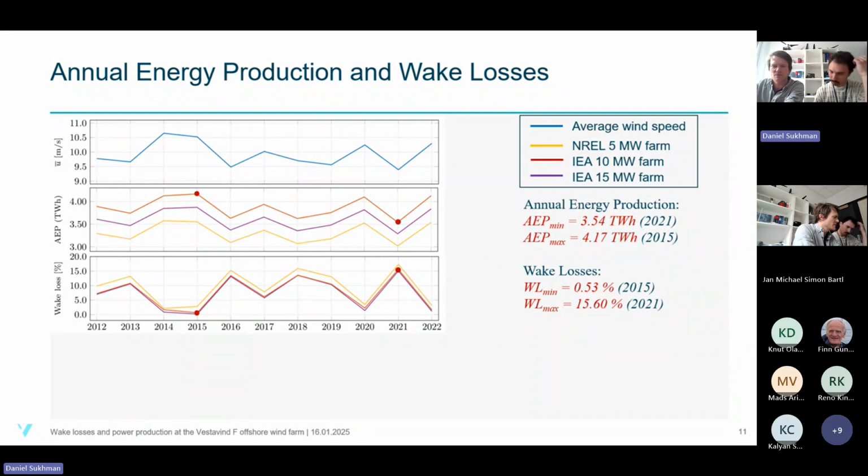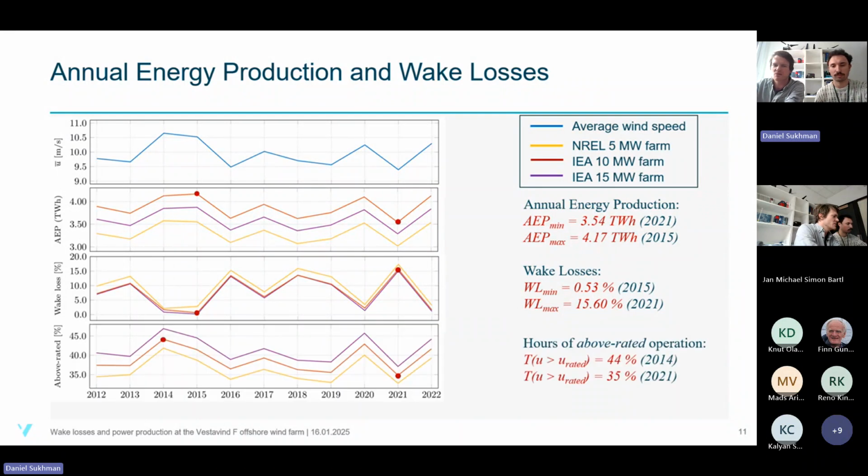So we were wondering why there is this large variation, and we were looking into how this could be influenced by the actual rated wind speeds of the different turbine types. And also we looked into how many hours per year we have above rated and below rated operation of those wind turbines.